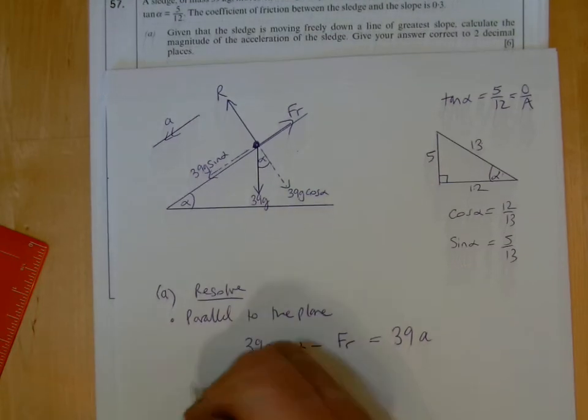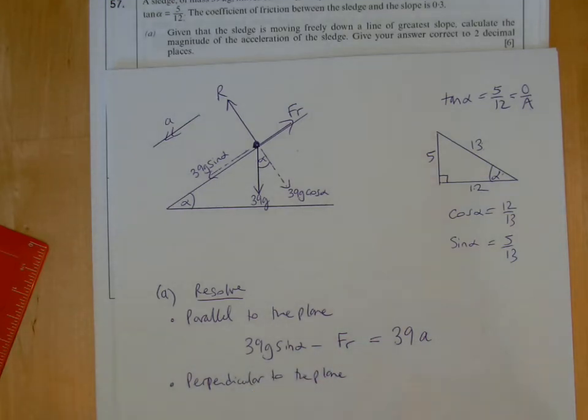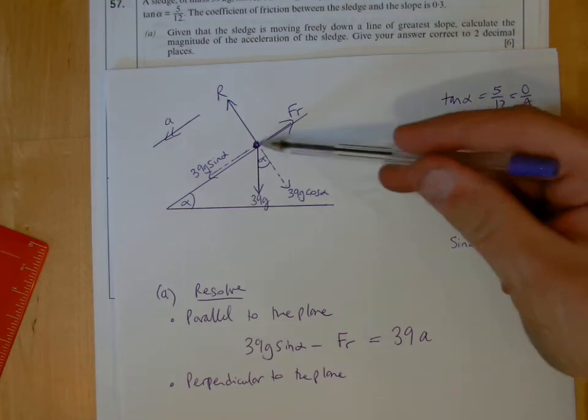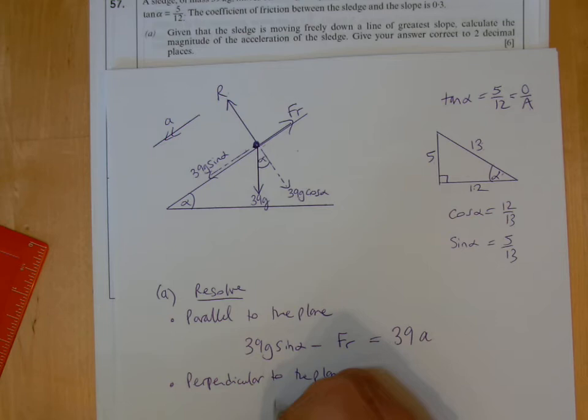So if we resolve perpendicular to the plane, there's no acceleration perpendicular to the plane because it stays on the inclined plane all the time. So R will equal 39g cos alpha.